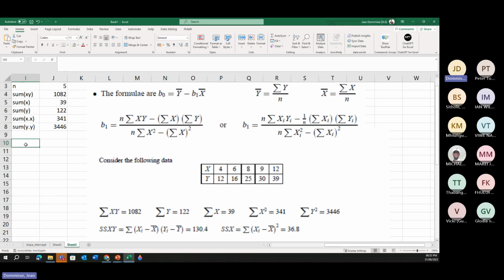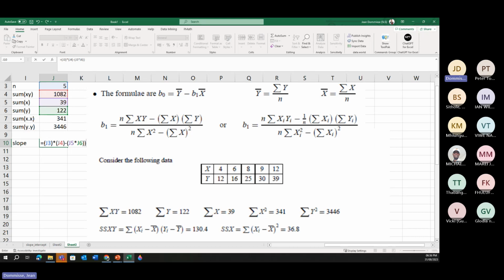Okay, so let's try to work that out. That's also the slope. But now I would use a few formulas. So n times the sum of xy, minus the sum of x times the sum of y.